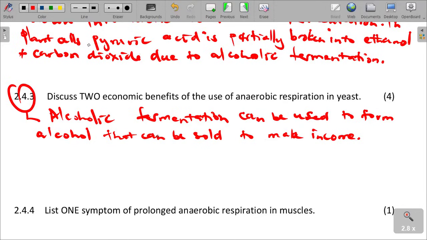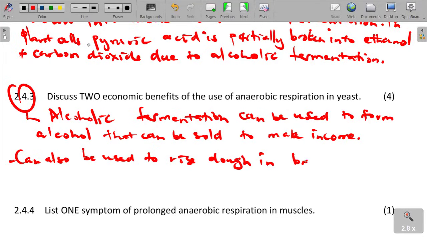And then we can also say that it can be used for raising dough in bread production.